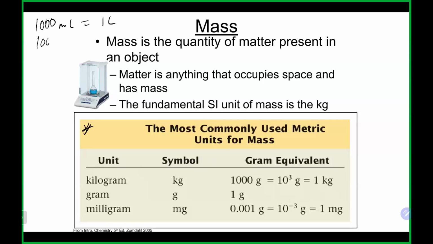There would be 1,000 milligrams in 1 gram. Those conversions are the same, and it doesn't really matter the base unit we're talking about. So grams to kilograms is used a lot, and milligrams also pops up a lot.